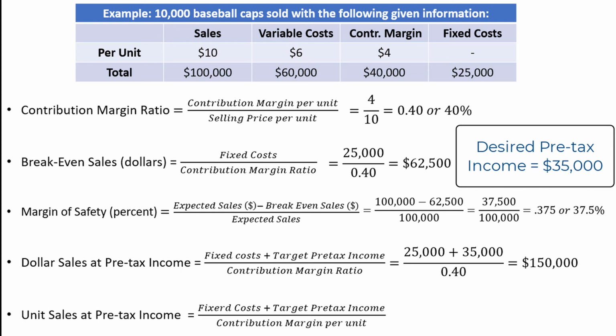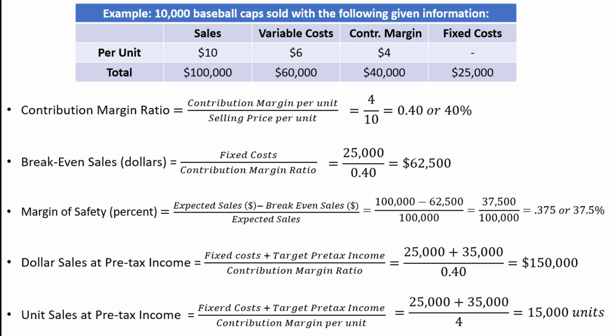When you do the math, you should get $150,000 of sales required to reach the desired target pre-tax income of $35,000. For the unit sales, the formula is the same except now we divide by the contribution margin per unit of $4. This gives us 15,000 units to sell to reach the $35,000 target pre-tax income goal.